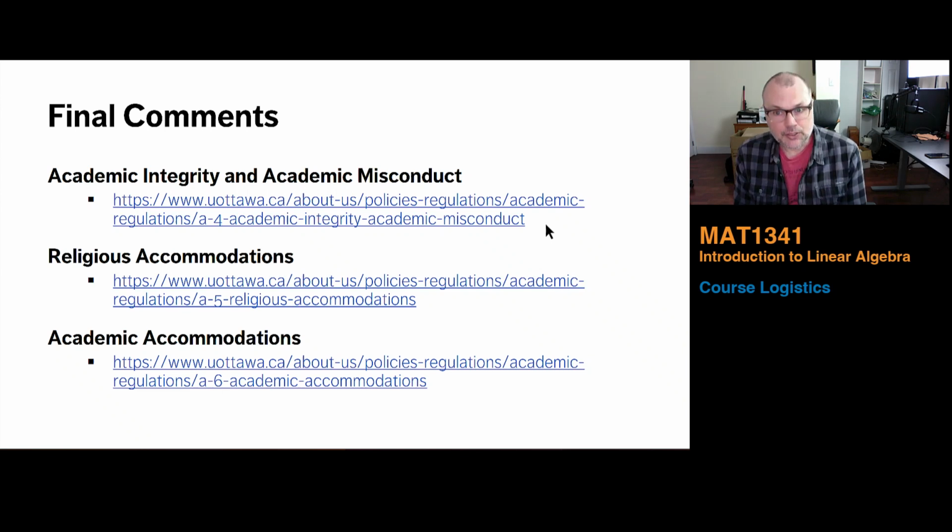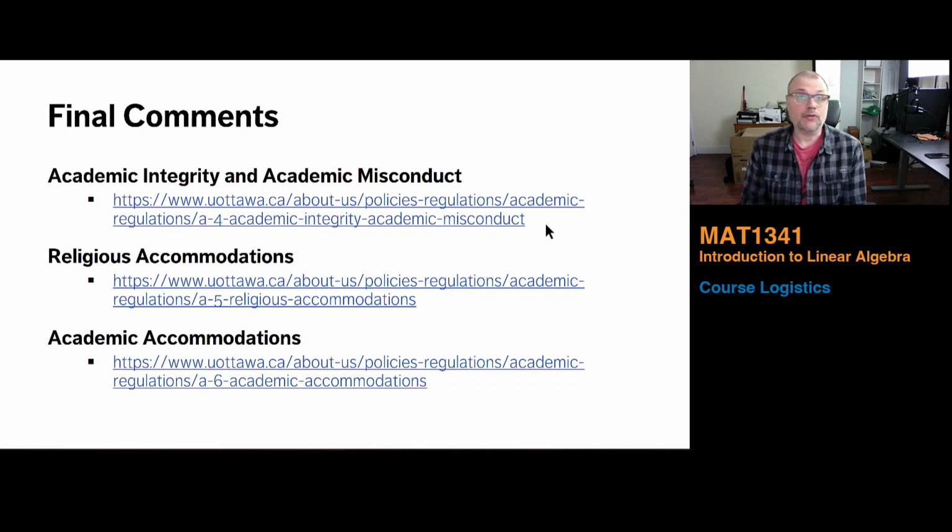Academic accommodations also apply here if you're registered with SAS. And typically that will mean you get access to more time to write the exams. It's entirely not a problem. You need to be registered. I need to see you on Ventus. You might want to send me a DM, a direct message, so that I'm aware that you're going to require more time to write the tests. Online, the only difference is you get more time.